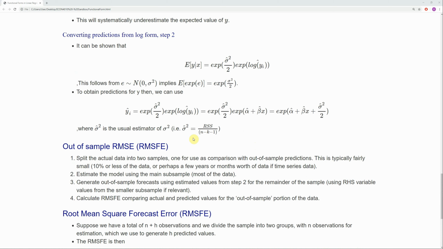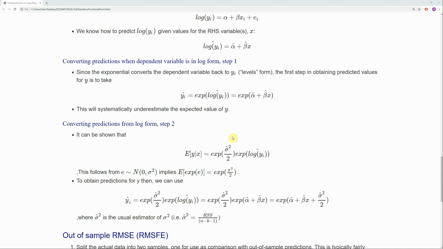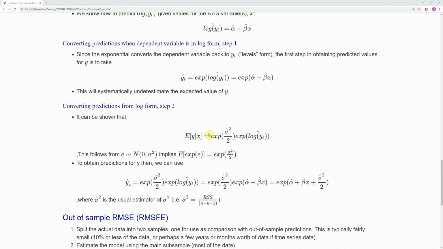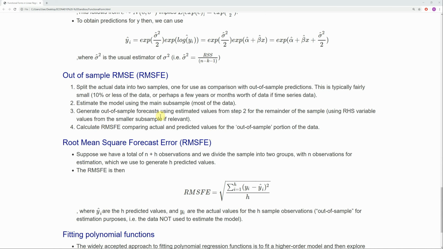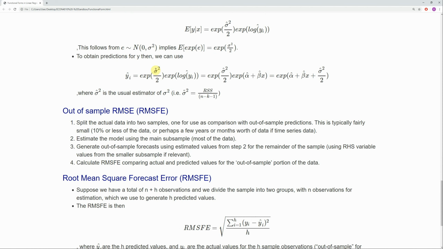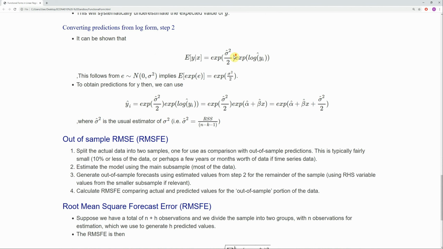It's pretty similar to what we did over here. The only difference is that if you're working with the log model in this case, when you're working with the root mean square error for the out of sample data, because in out of sample data you don't have any sigma squared in your model, or you haven't defined that, so you don't have it. You just use the first part.